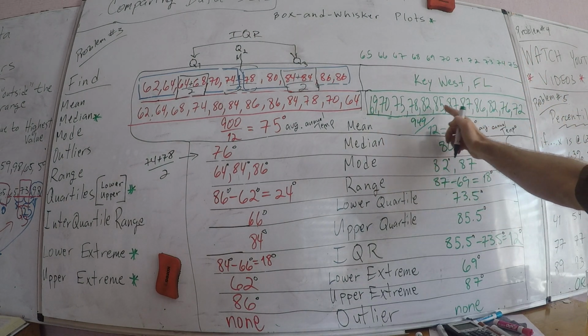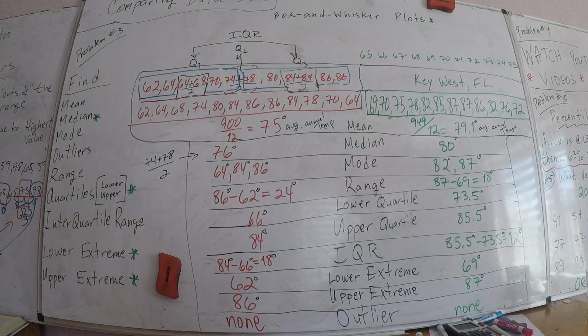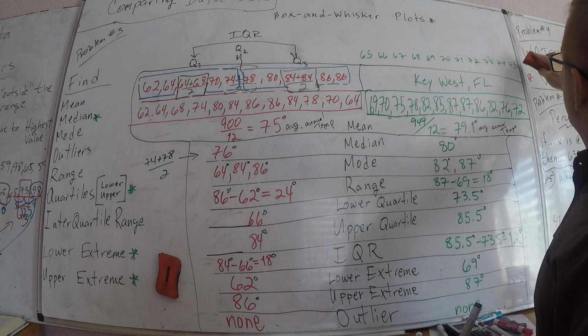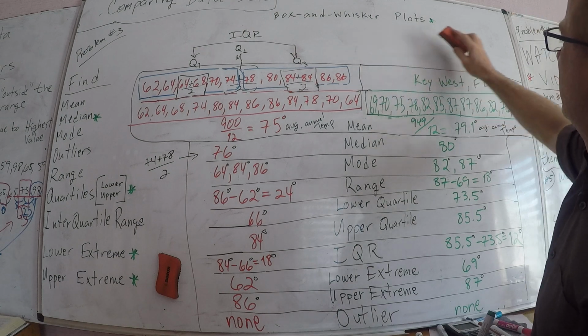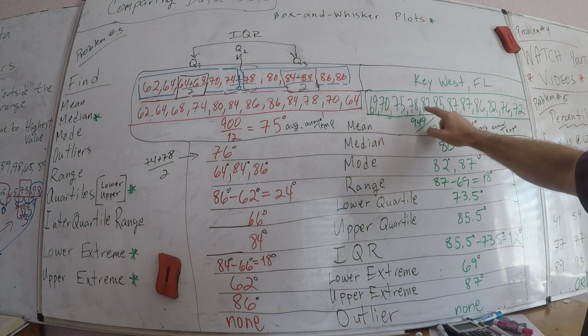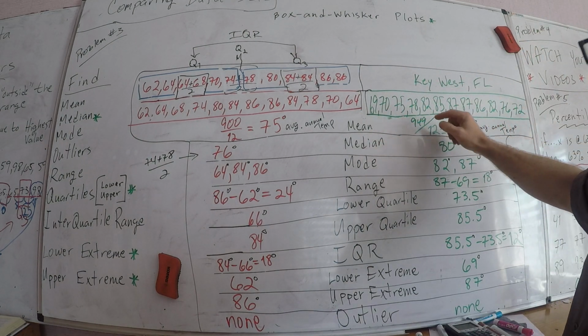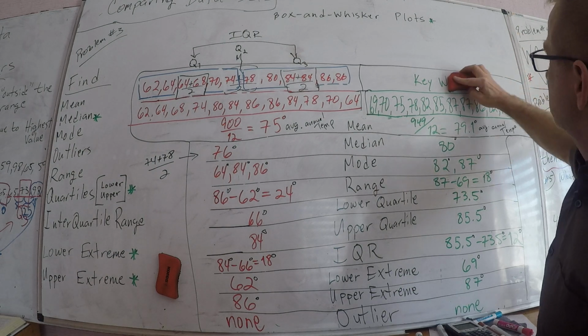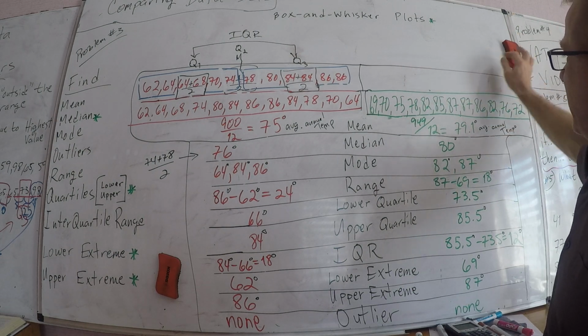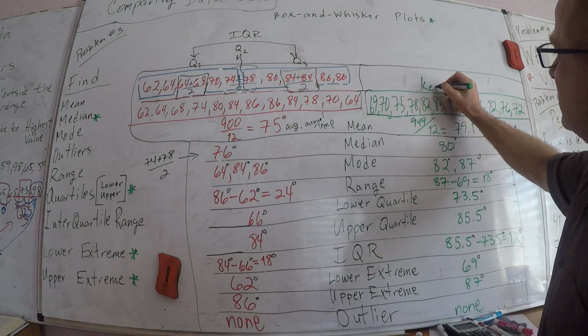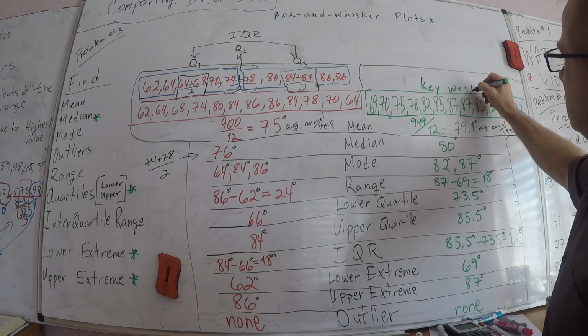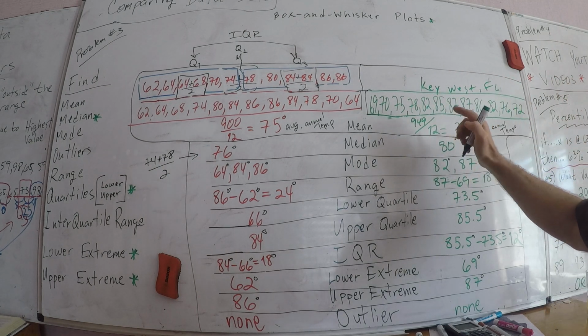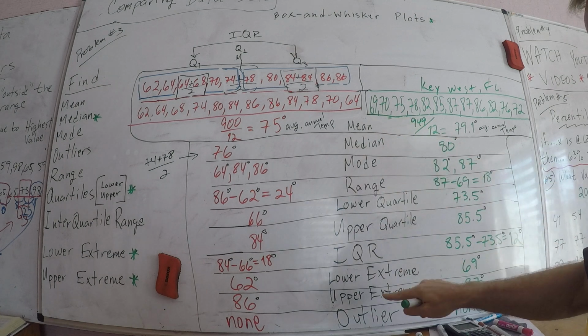Okay? So I definitely have the lowest. Oh, no, I'm sorry. I don't have this in order. That's what happens when I don't put it in order, right? So this needs to be in order. That's all right. I'll keep that there. Key West, Florida, right? Okay, I know my lowest value, I can just look here.